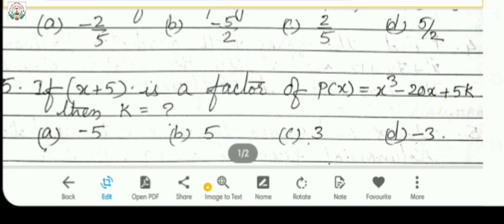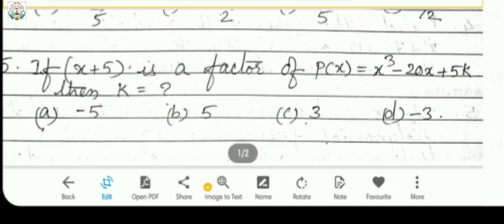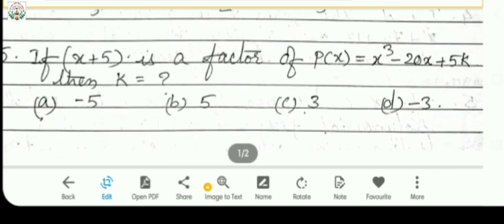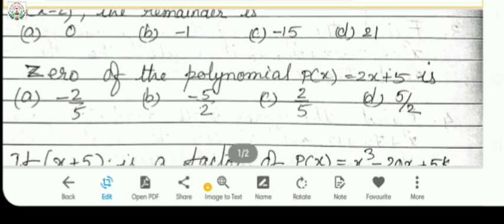Now put that x value as minus 5 in the given equation, that is minus 5 to the power cube minus 20 into within brackets minus 5 plus 5k equals 0. On simplification you will get the value of k. So which value out of the 4 are you getting? Check it out.